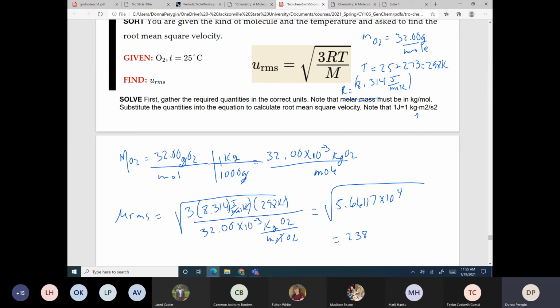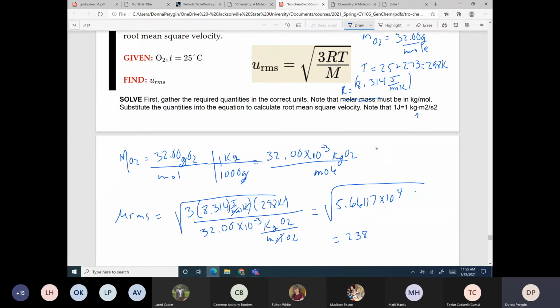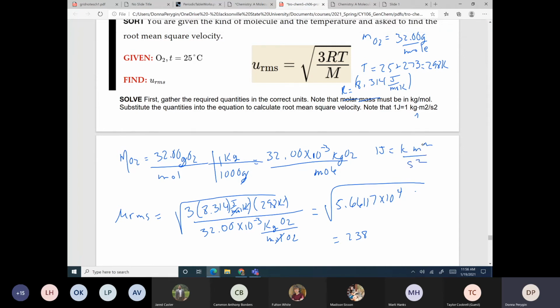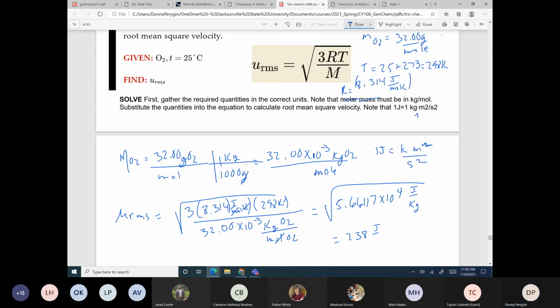Now, we also have this other conversion factor, and that says that 1 joule is equal to 1 kilogram meter squared per second squared, which is why we have to convert grams to kilograms, okay? And remember, these units were joules per kilogram, okay? So that's joules per, well, I need to do that before we take the square root, right?